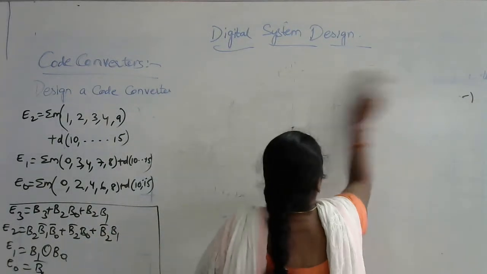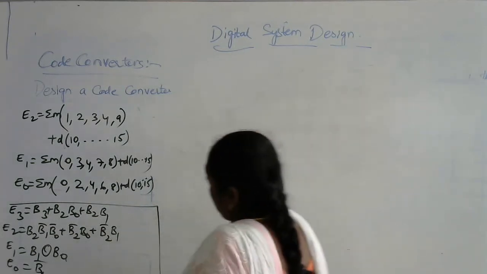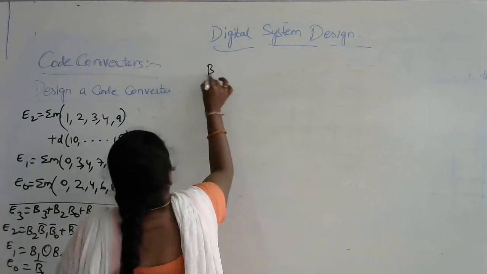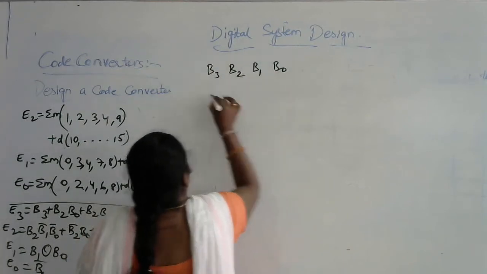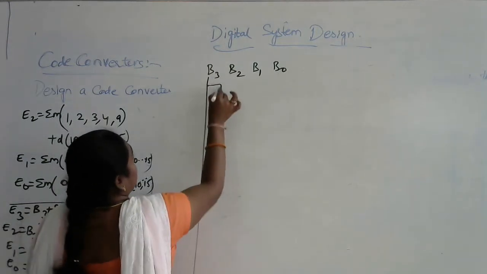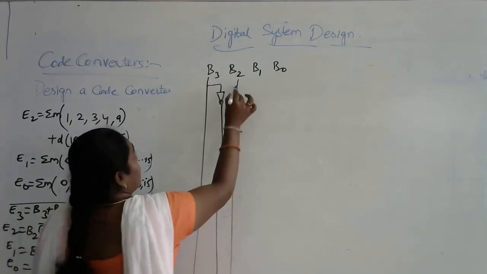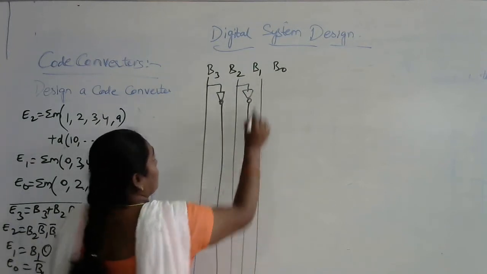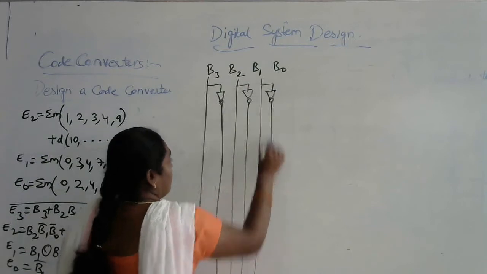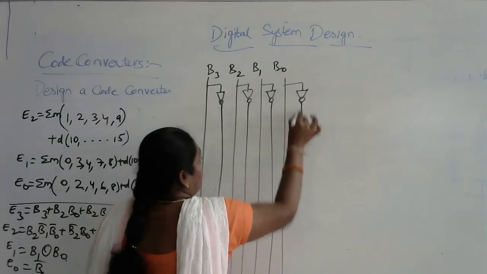So the last step is we need to draw the logic diagram. Here the inputs are B3, B2, B1, B0. Along with this, we need to draw the NOT gates of the corresponding inputs.